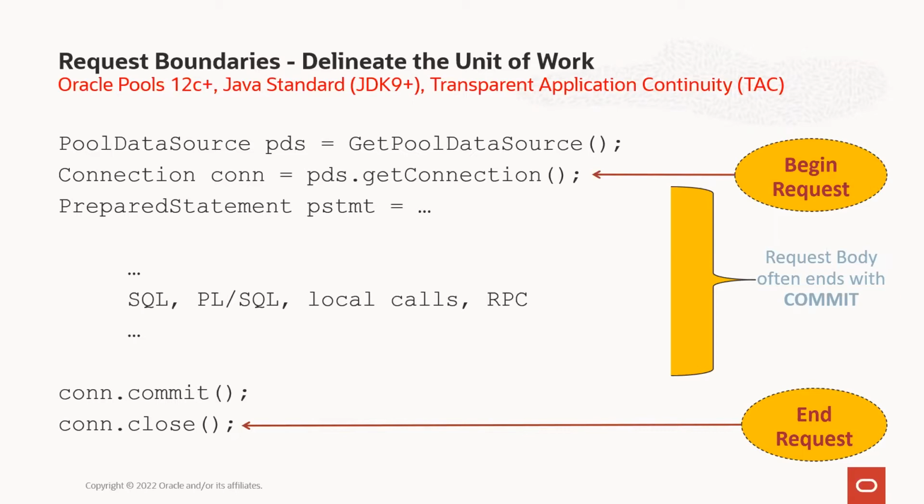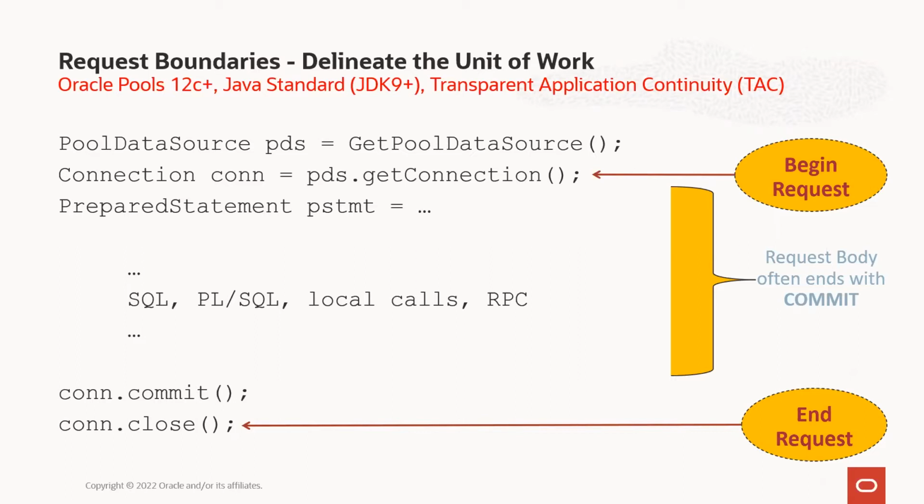Either we get the explicit boundaries from the connection pool, or we get the implicit ones from the database itself as it looks at the session. We have one or the other. Obviously, prior to 19c, you had to use an Oracle connection pool. Now you have the option of using an Oracle connection pool or no connection pool.